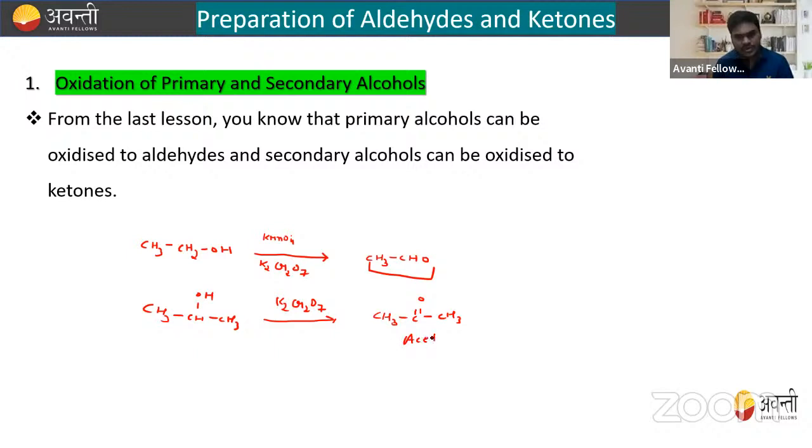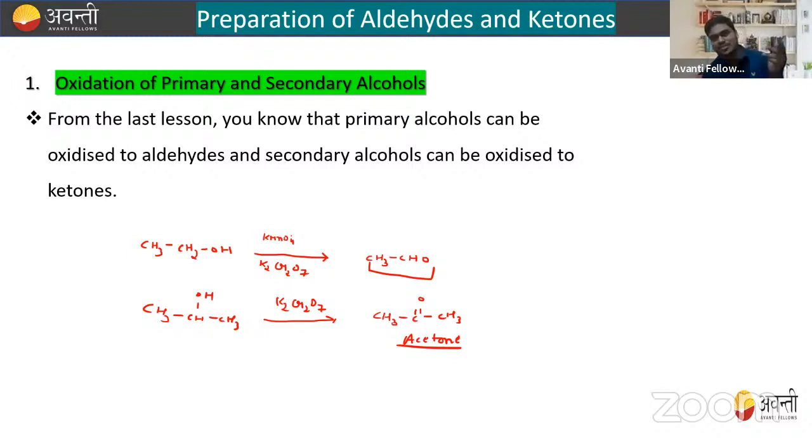Right, so we also prepare ketone from this method. So when you treat primary alcohol with an oxidizing agent like KMnO4 or K2Cr2O7, you get aldehyde. Similarly, when you treat secondary alcohol with an oxidizing agent, you get ketone. So this is the way to prepare aldehyde and ketone by the oxidation of alcohol.